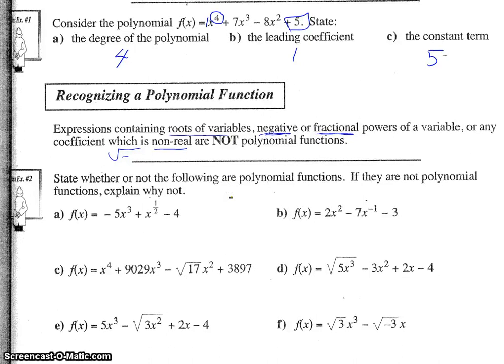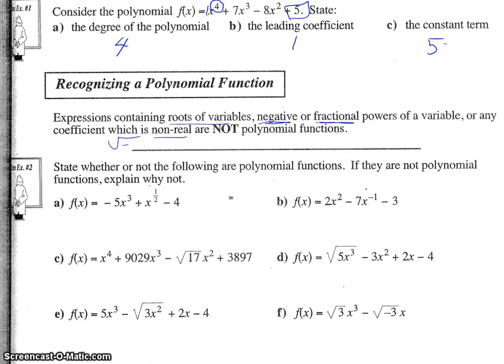Let's take a look at example 2 and see which of these are and which are not polynomial functions. Part A, we have x cubed, that's fine. Fraction exponent, because of that, not a polynomial function. Part B, we've got 2x squared minus 7x to the negative 1.